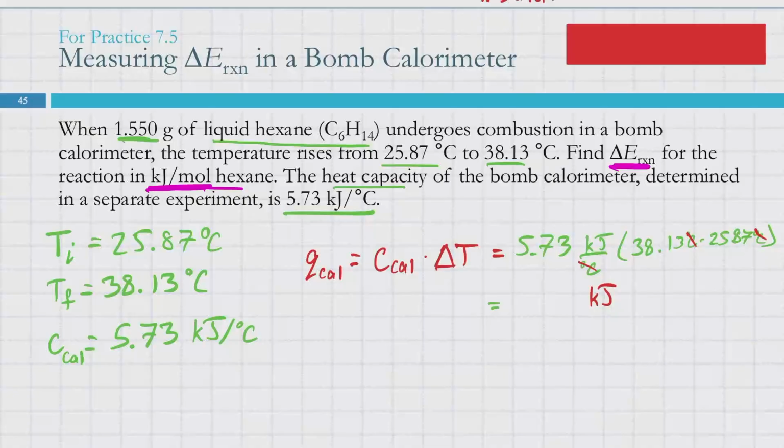So 5.73 times our change in temperature gives 70.2498 kilojoules. This is a positive value. This is heat gained by the calorimeter.